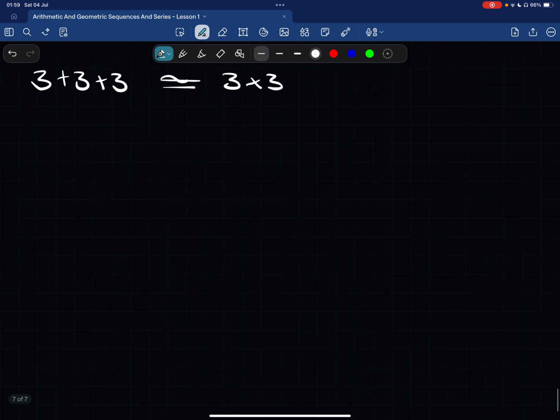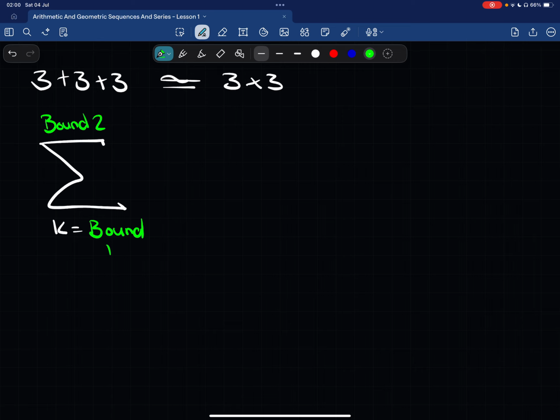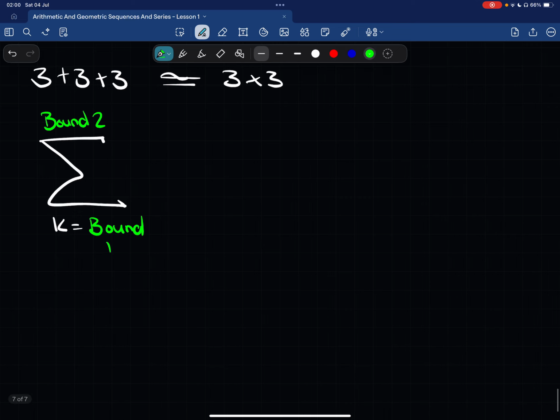So what is sigma notation? This is it. This is the Greek letter, capital sigma, and it stands for sum of. And we set bounds. So we set a variable and it equals our bound 1, and then we have our bound 2. And in fact, I shouldn't be calling them bound 1 and bound 2.